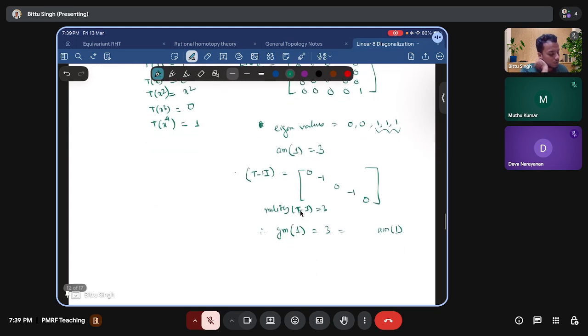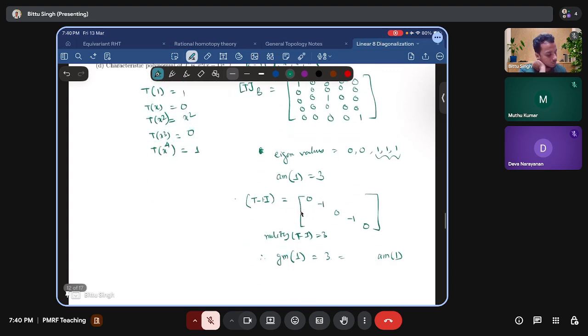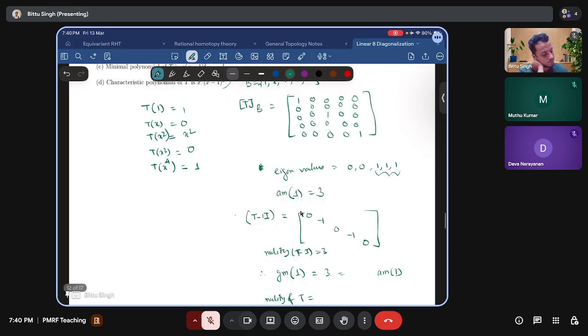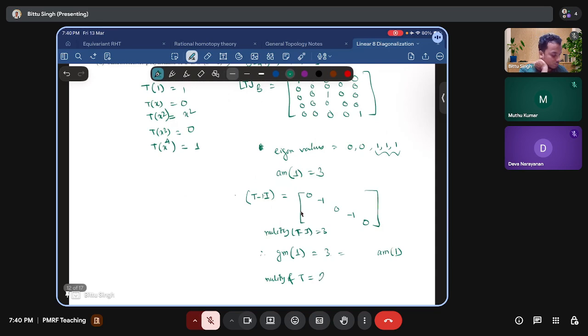Okay, now what happens if we check T minus 0I? So in this case it is clear that the rank of T is actually 3. Sorry, the rank is 3, so the nullity will be 5 minus 3, which is 2.